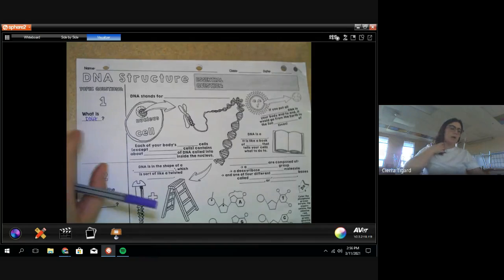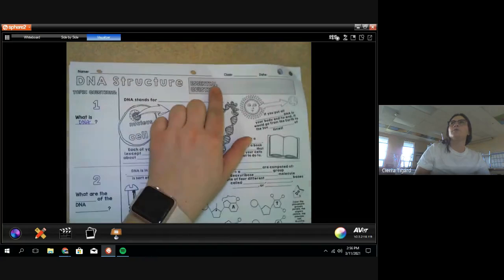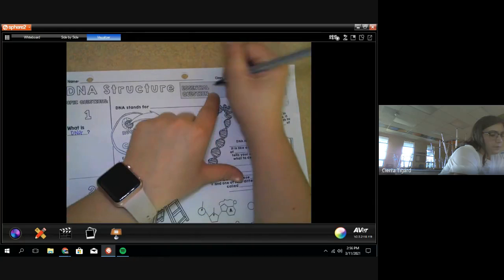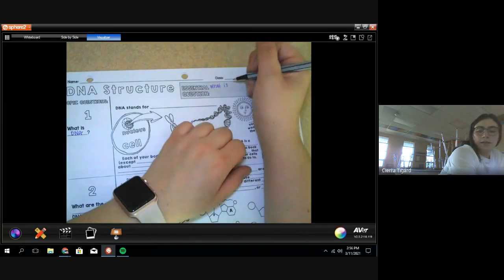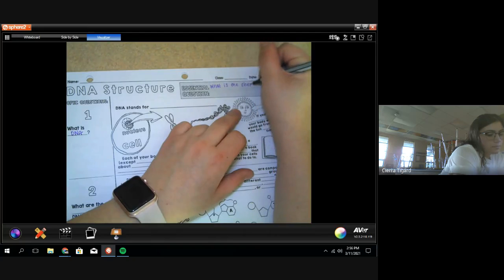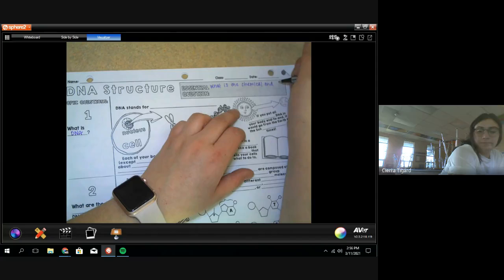So first and foremost, we need to write our essential question right here, which is going to be, what is the chemical and physical structure of the DNA molecule?